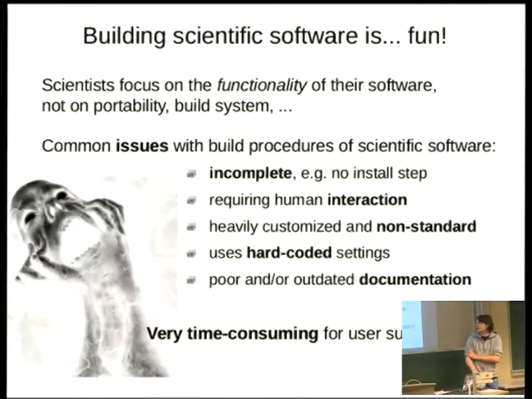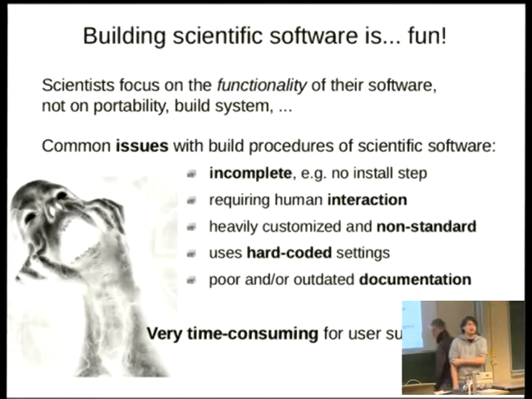As Aaron explained in the previous talk, building scientific software is really fun for us. Very good documentation. Everything works flawlessly, of course. No, not the case. As he said, it's written for people who need it to work for themselves. They use hard-coded settings, like paths that are all hard-coded.